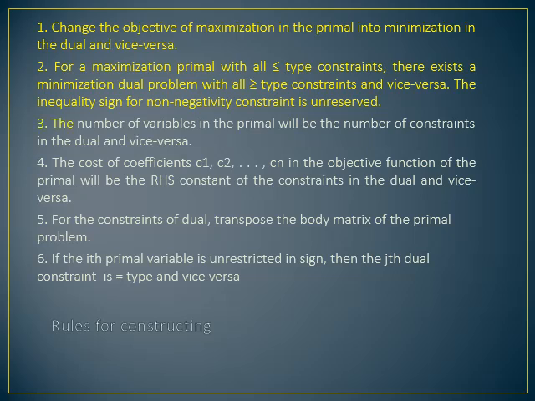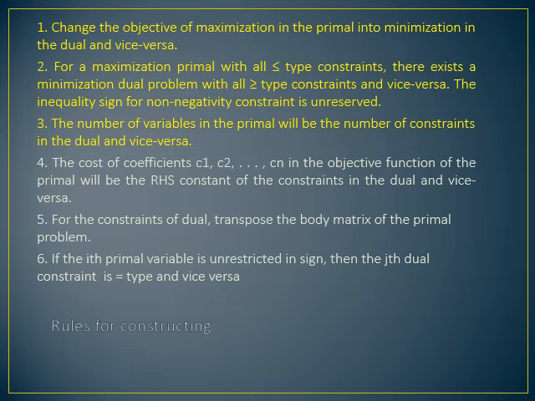Step 3. The number of decision variables in the primal will be the number of constraints in the dual and vice versa.